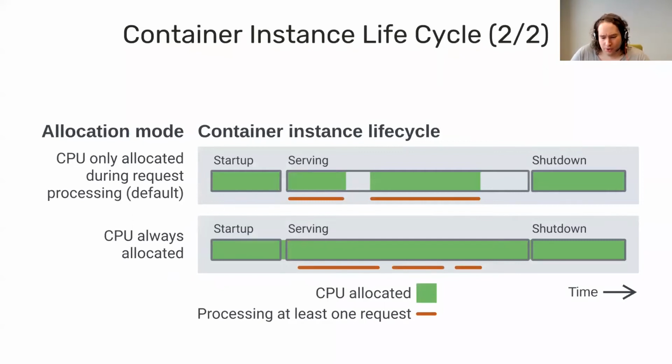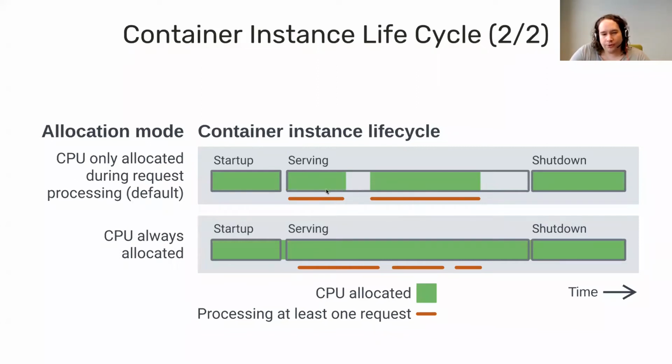Here's also a visualization. There are two options for how to allocate a CPU. You can allocate it per request, which is the default, or always allocate it. Here you see in red, there are two requests.